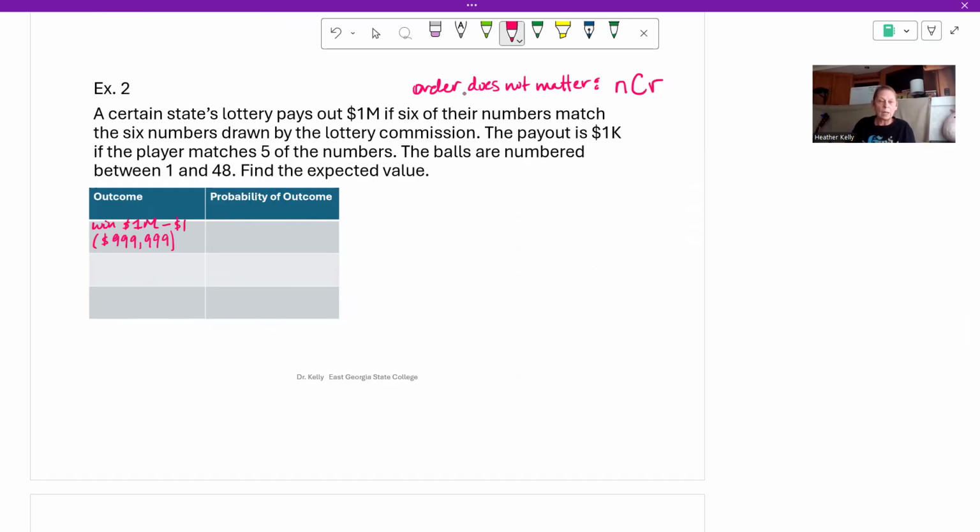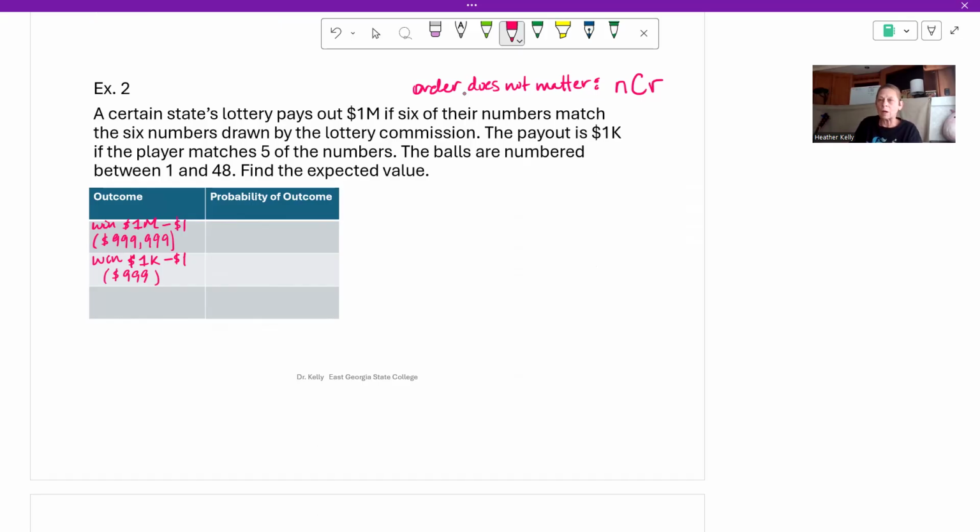Another one of the outcomes would be that you win $1,000 minus $1, and so that's going to be $999.